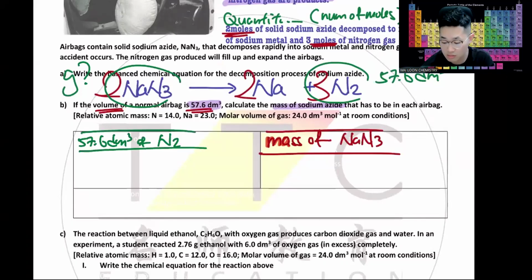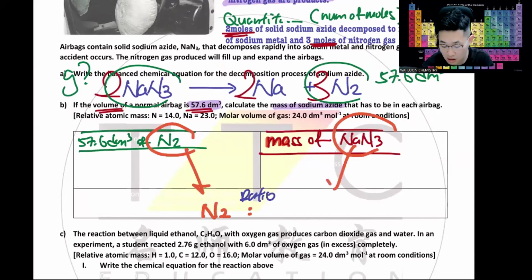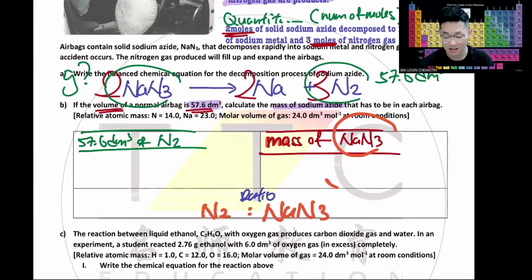In the middle, I do ratio because these are two different substances. Once you write all these things down already, then you should be able to know how to start to solve this question, starting from the value given.